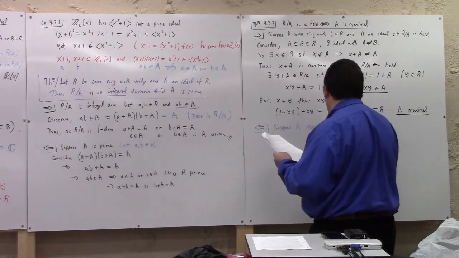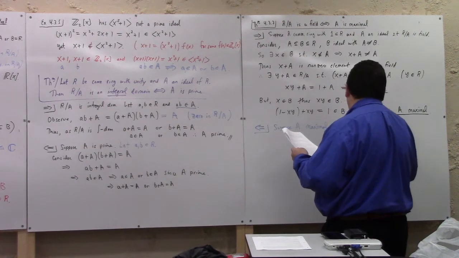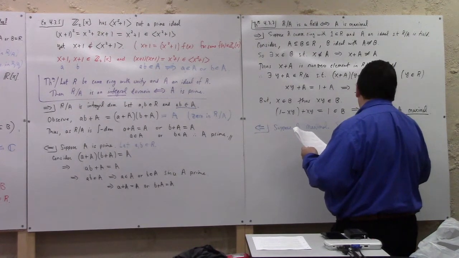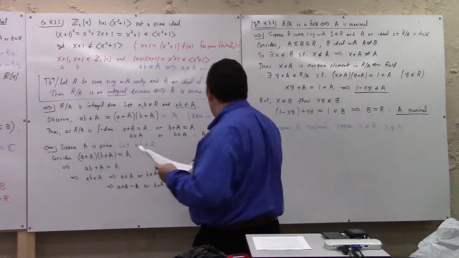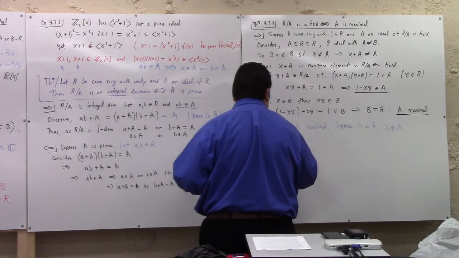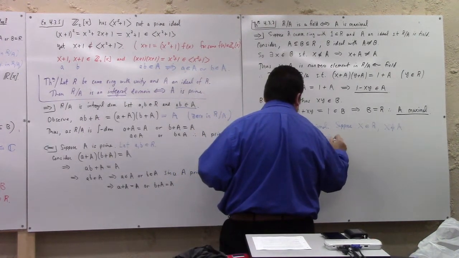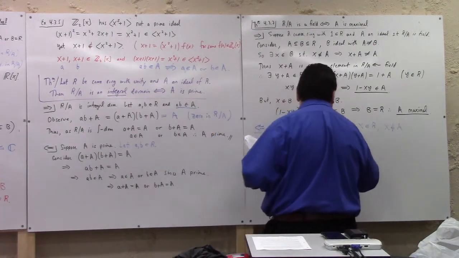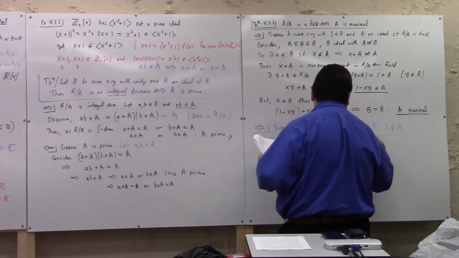And suppose x is in the ring, but x is not an element of A. So I'm considering, thus, x plus A not equal to 0 in the factor ring, right?